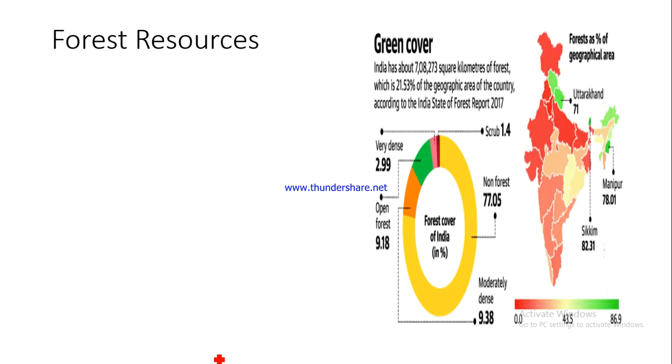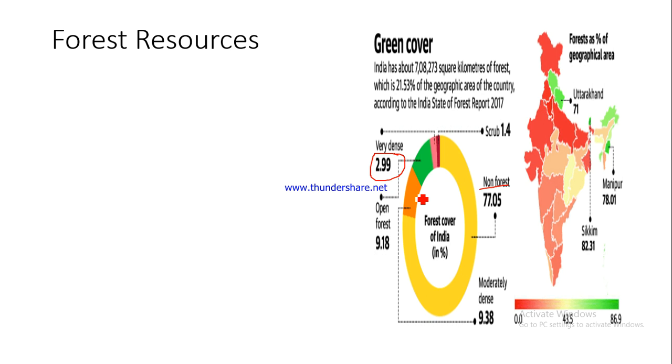Now if you talk about forest resources here in India, this is the map of India, and you would find that if you look at the total land area that we have, 77% of that is non-forest, and only 3% of the land area that we have is very dense forest.